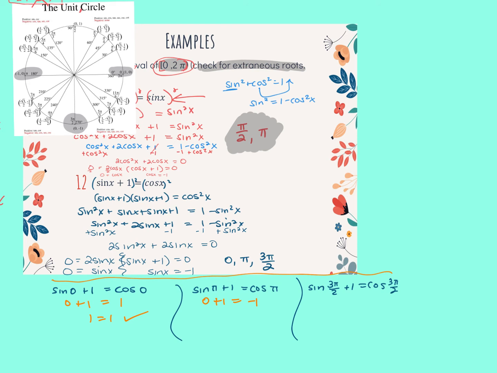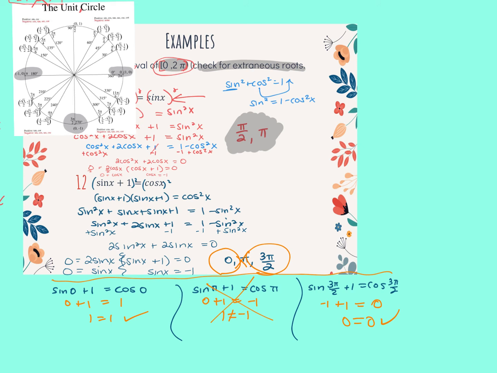Yeah, I did that right. That one doesn't work. And then sine at 3 pi over 2 is negative 1 plus 1. Cosine at 3 pi over 2 is 0. 0 equals 0, and that one does work. So I rule out the pi, but I keep the other two.